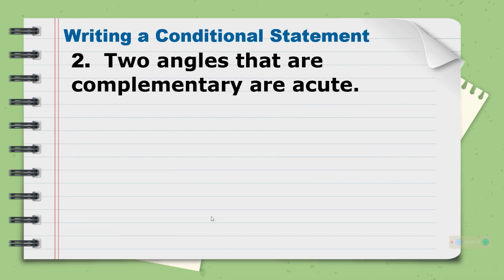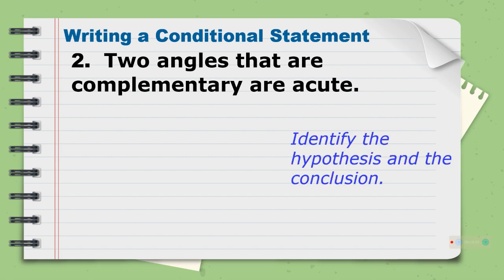Okay, let's have the second one. Two angles that are complementary are acute. How are we going to rewrite this as a conditional statement? Again, the first thing you are going to do is identify the hypothesis and the conclusion.